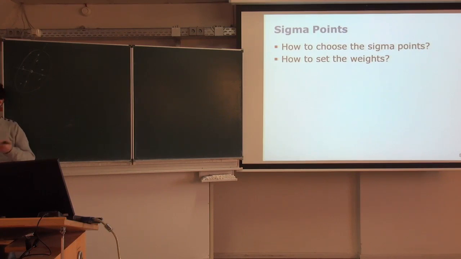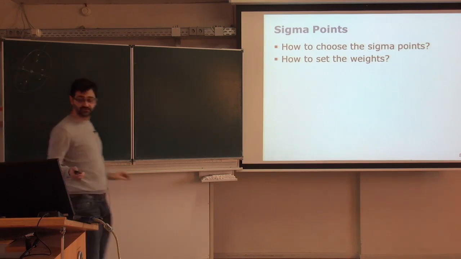Also, when you compute the weighted mean and the weighted covariance, they need to be meaningful. The only thing we know is what happens before I apply the function. So ideally, we want these points to represent the initial distribution well, and that's exactly how you can imagine them.